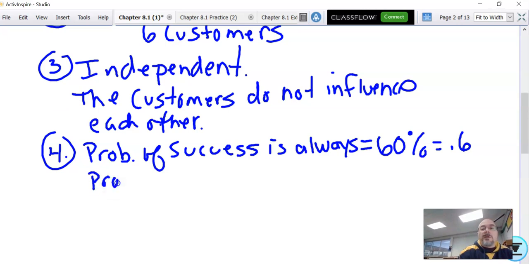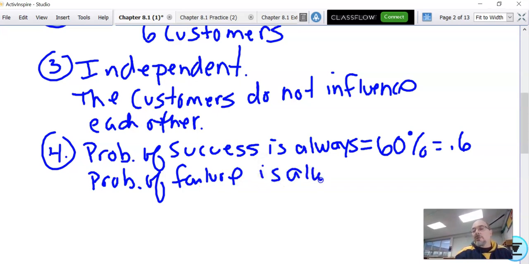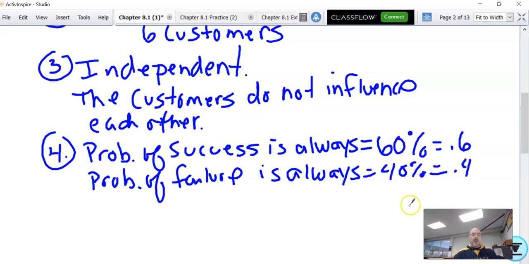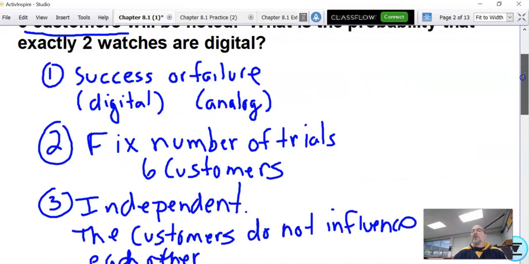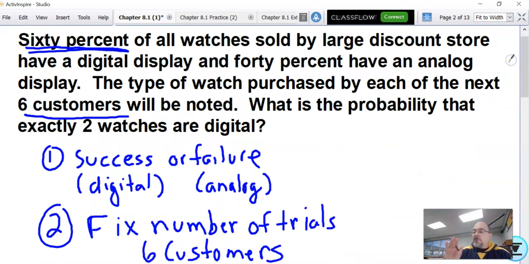And then the probability of failure is always 40% or 0.4. Now, this is saying specifically that exactly 2 watches are digital.